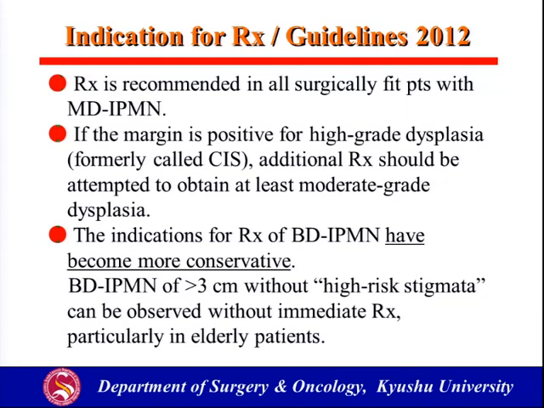The indications for resection of branch duct IPMN have become more and more conservative. Branch duct IPMN more than 3 centimeters without high-risk stigmata can be observed without immediate resection, particularly in elderly patients.